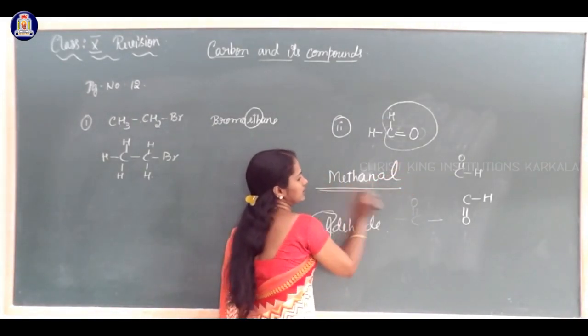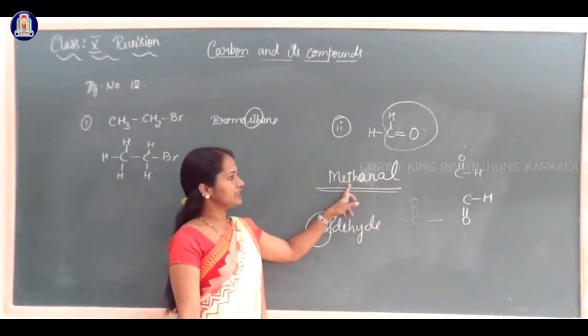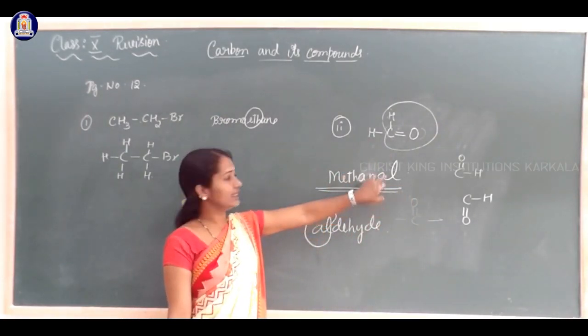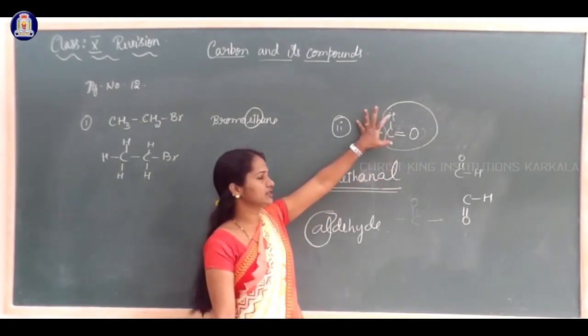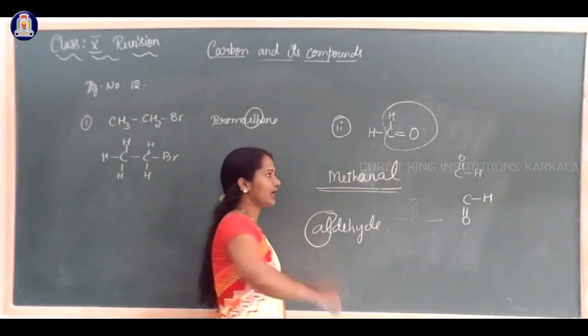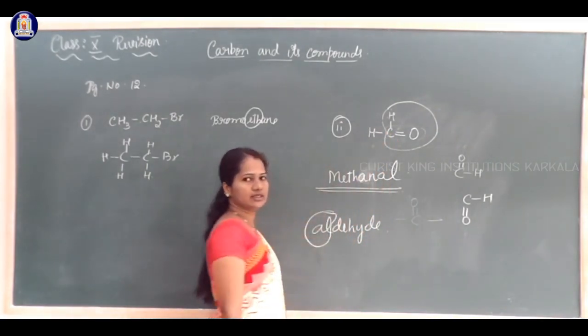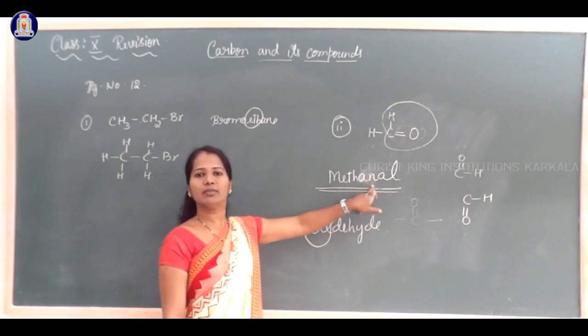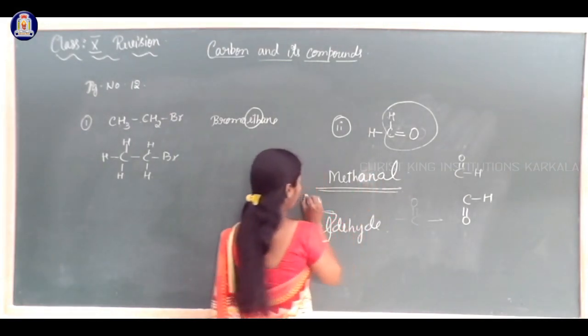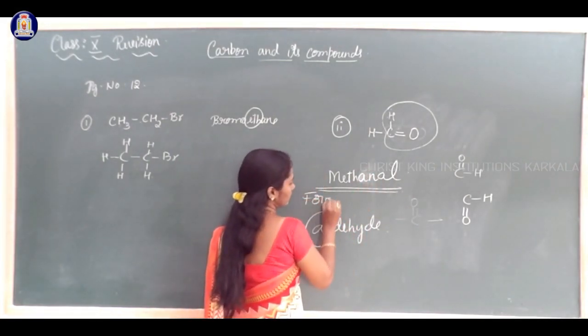So what is the name of this compound? It is methanal. Al is the aldehyde functional group. Since this compound contains only 1 carbon, it is called methanal. One more name of methanal is formaldehyde.